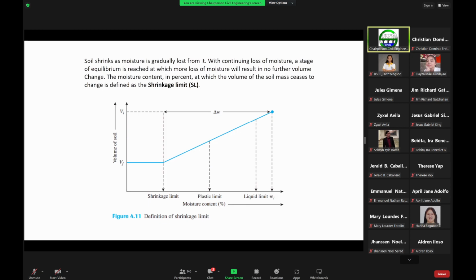So V sub I minus V sub F, the initial volume minus the final volume, will give you the change in volume. And from the initial water content, W sub I, until the shrinkage limit, will give you the change in the moisture content.